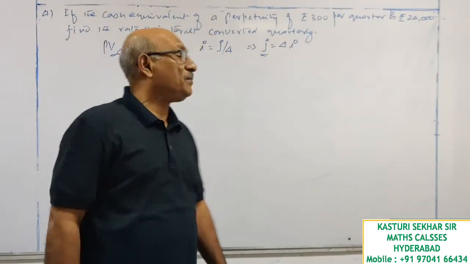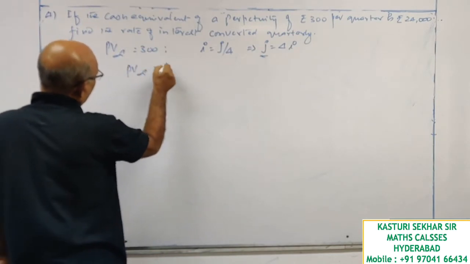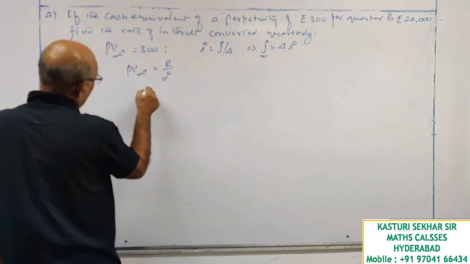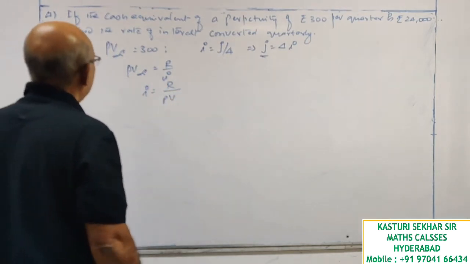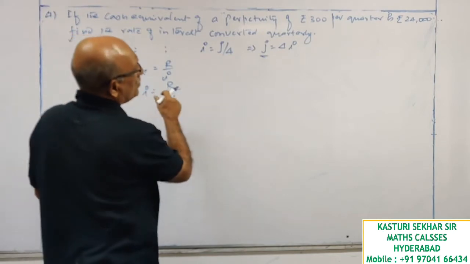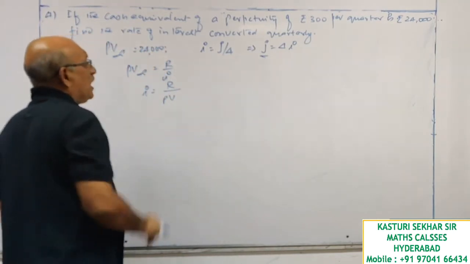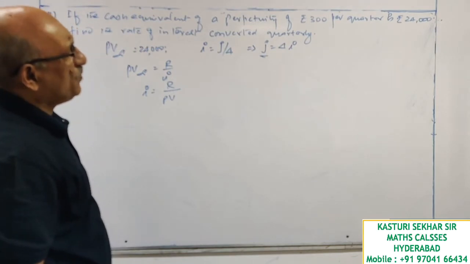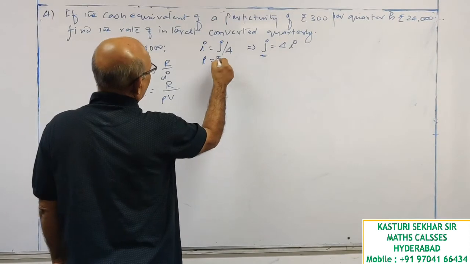So present value of perpetuity is equal to R by I, so I is equal to R divided by present value. Present value of perpetuity is rupees 24,000. R is equal to rupees 300.